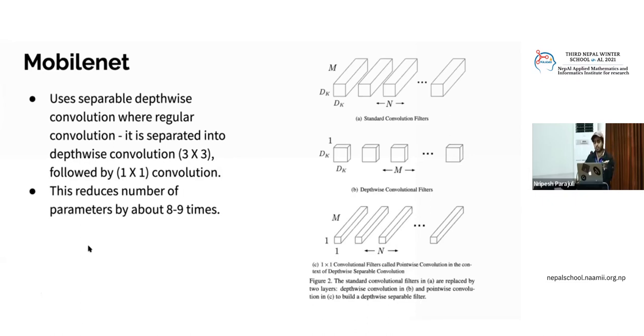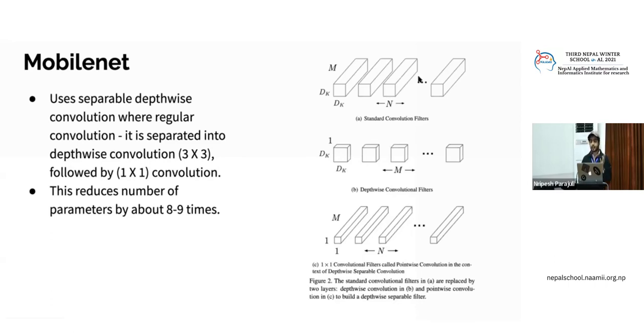That's why we use this. MobileNet has one really simple idea: taking your standard convolution and factoring it into what is called separable convolution, so depth-wise convolution and one-by-one convolution.